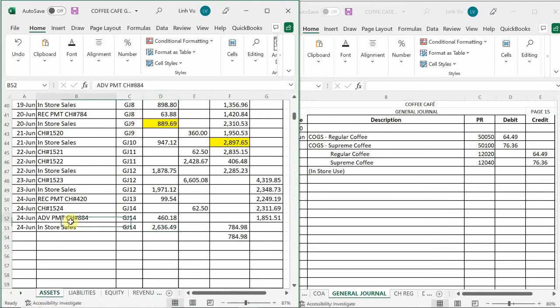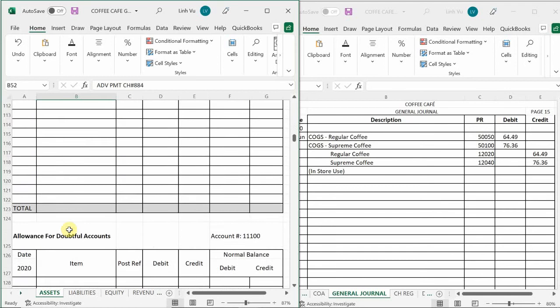So, of course, we need to update our inventory.